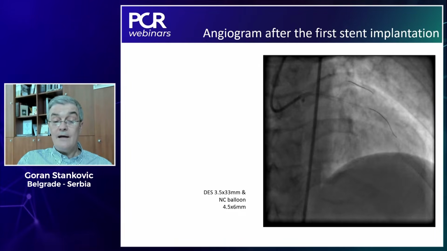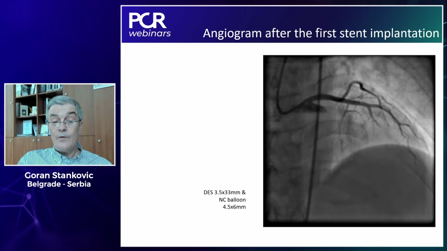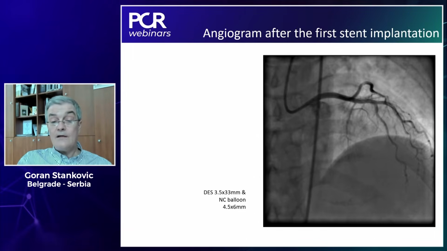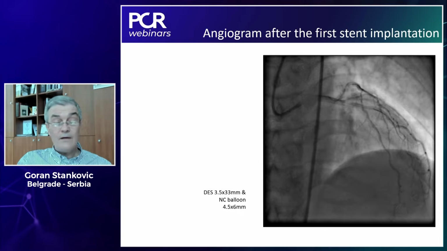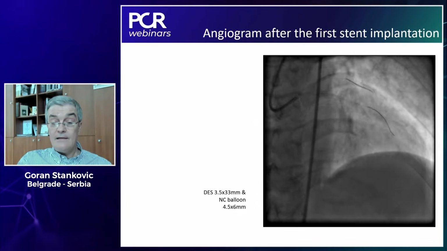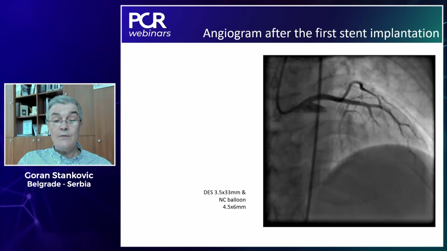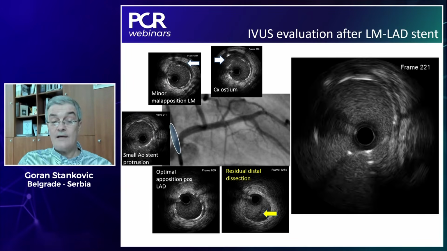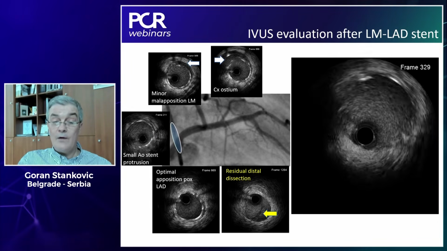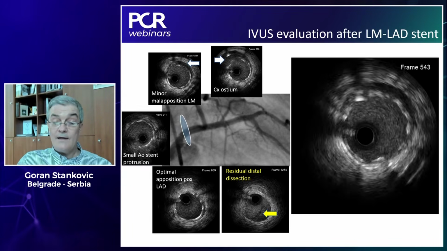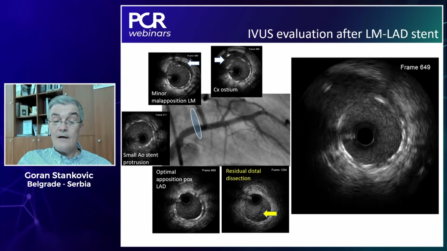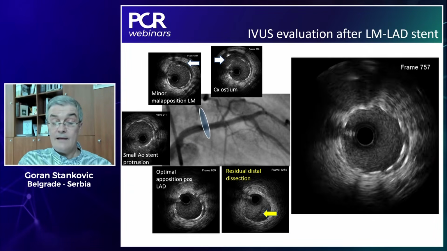What we see here after the NC balloon 4.5 is an angiogram with slow flow, but we don't clearly see a distal dissection. We wanted to make sure that we seal the dissection completely distally. So we go inside with the IVUS catheter, and you see the passage of the catheter through the stent, going slowly distally.